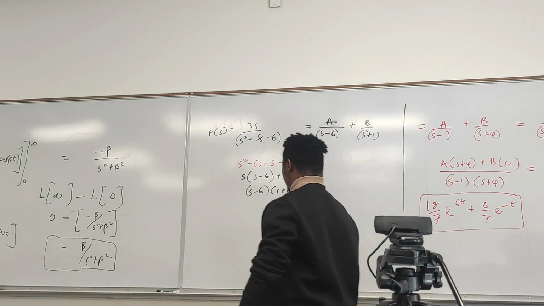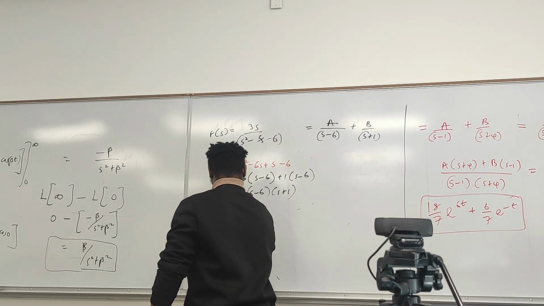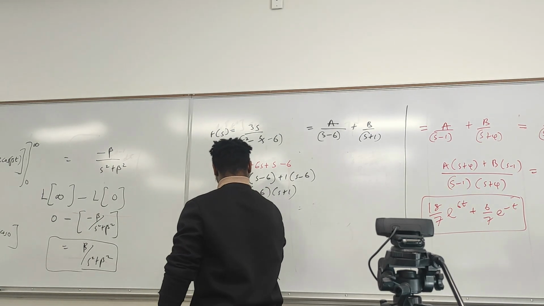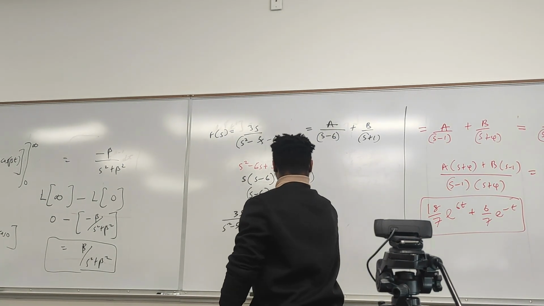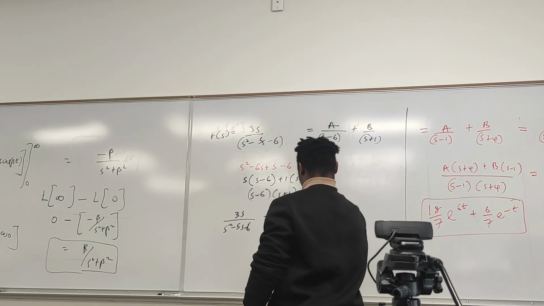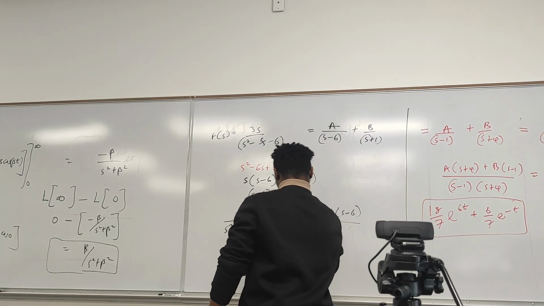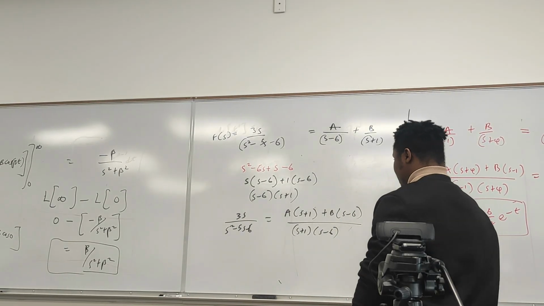So 3s over s² - 5s - 6, if you do this, becomes A(s + 1) + B(s - 6) divided by (s + 1)(s - 6). Right? Okay.